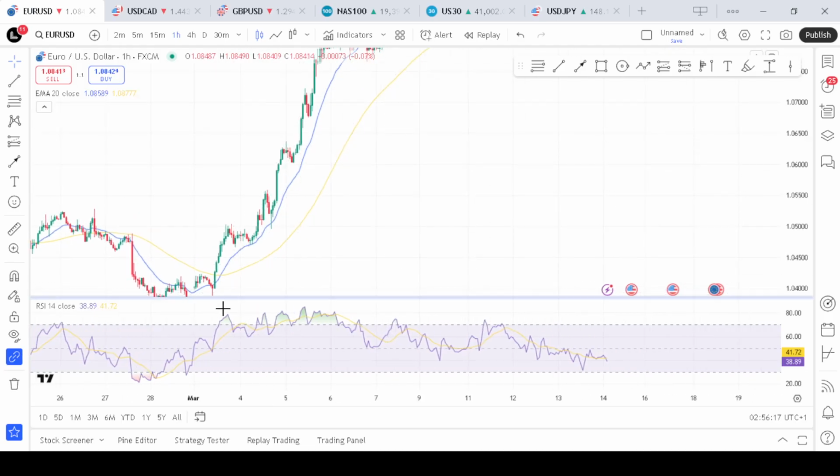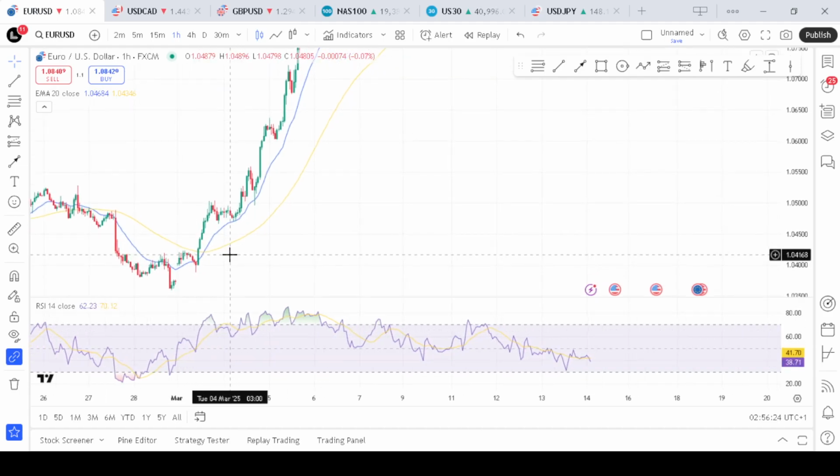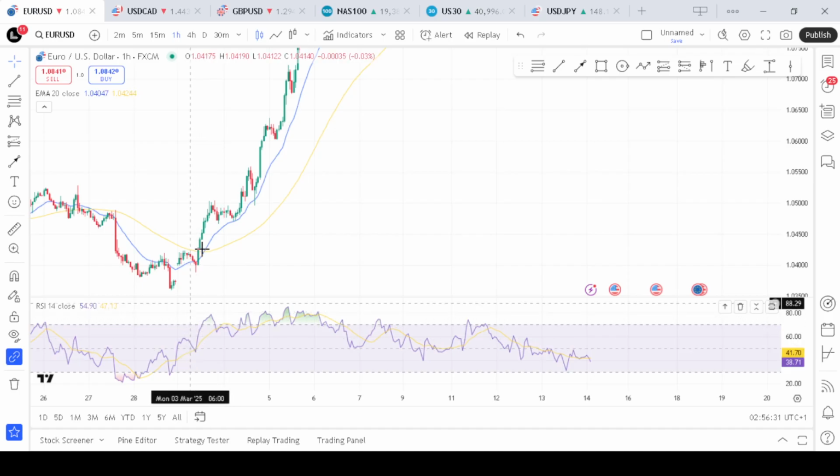When we notice our buying opportunity, we have to confirm from our RSI. We check the RSI to ensure it aligns with the trend. In an uptrend, we look for an RSI value above 50, and in this area you can see the RSI value is above 50. This is at 60 in this area.